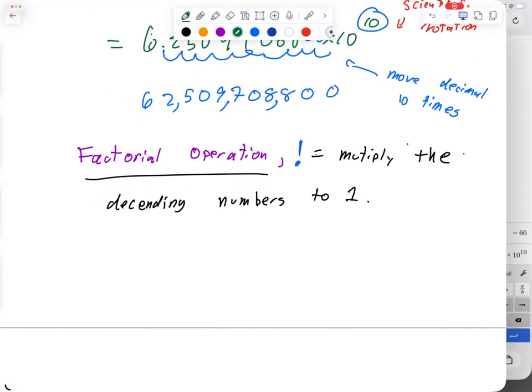So 5 factorial means 5 times 4 times 3 times 2 times 1.